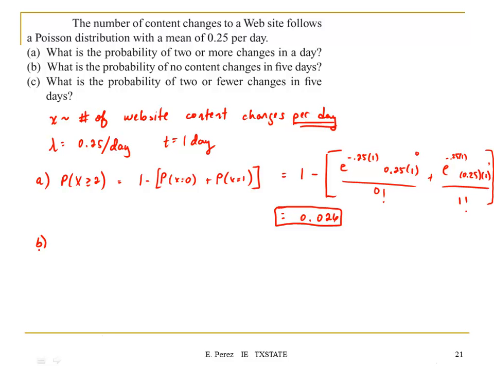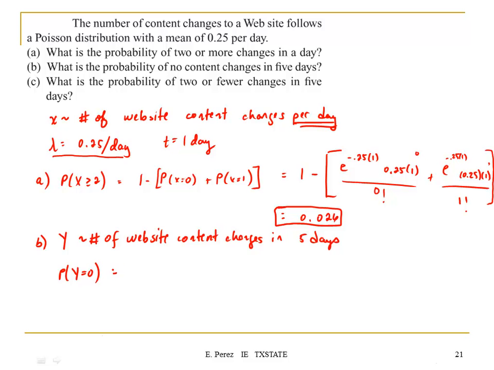B says, what is the probability of no content changes in 5 days? Okay, so you know that lambda is expressed in terms of 1 day. So we need to change the random variable to 5 days. We're going to call Y the number of website content changes in 5 days.